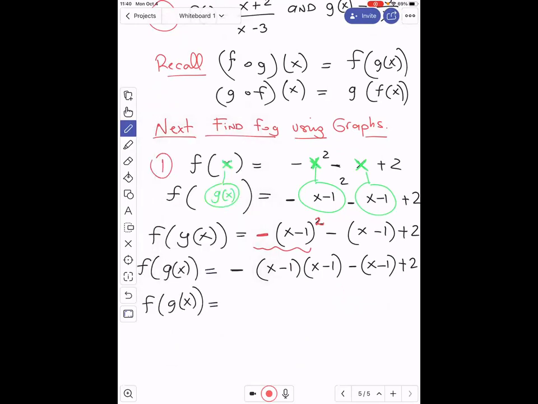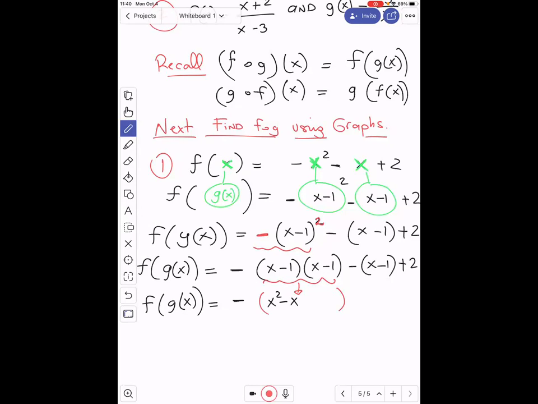So let's just keep the minus. That's my subtraction. Now I'm going to multiply this thing right here, x minus 1 times x minus 1. X times x will be x squared. X times minus 1 will be minus x.